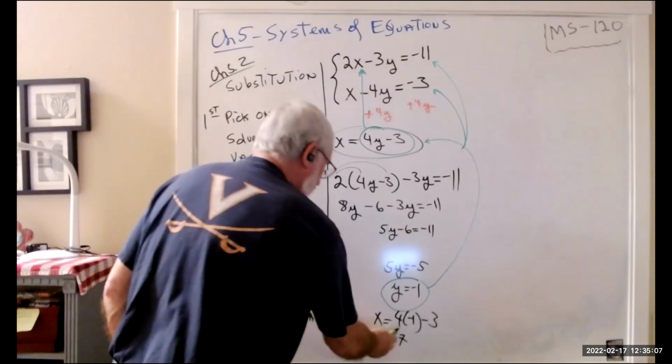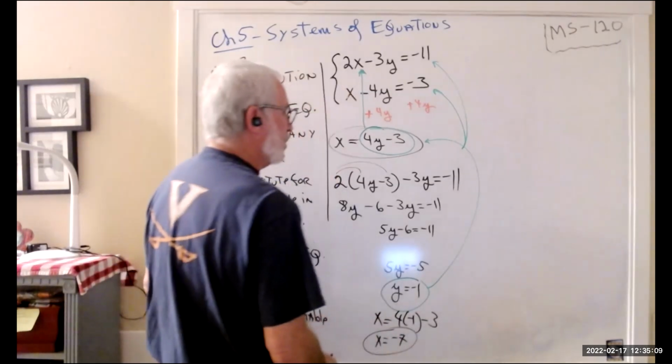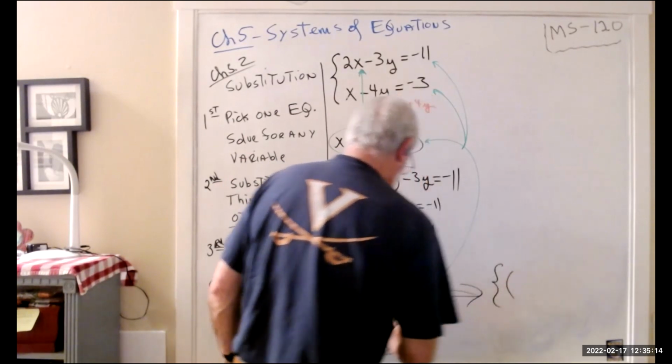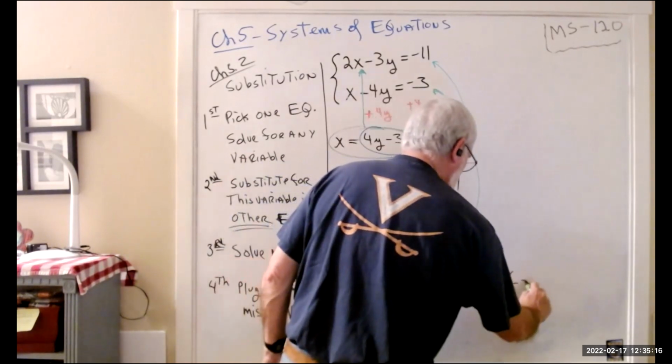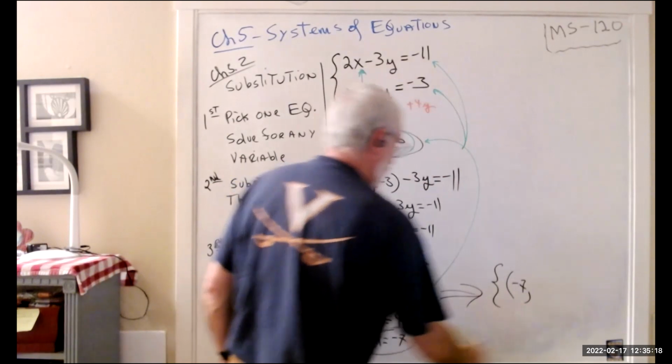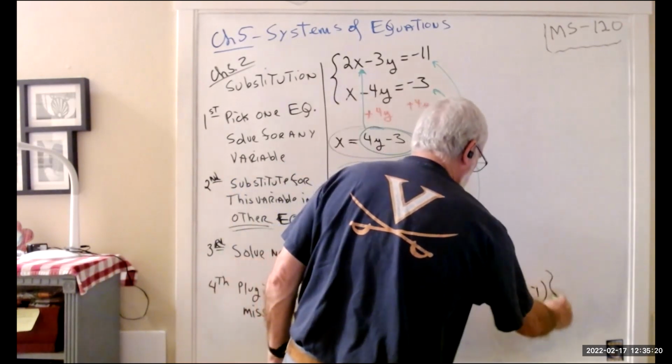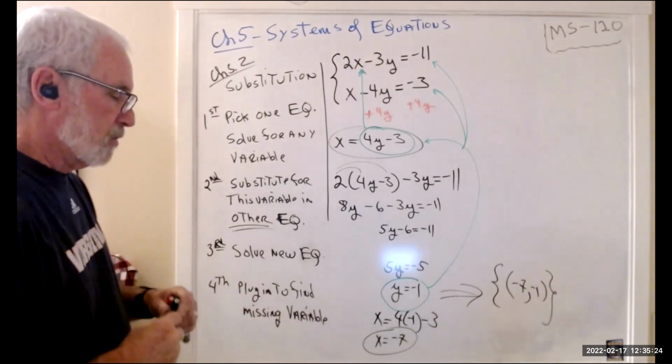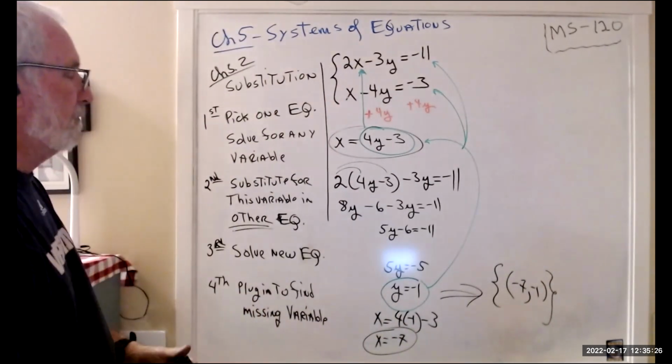Yes. Okay, so this is my x, this is my y. So I know my answer is the solution, the point negative 7 comma negative 1. Okay or not okay?